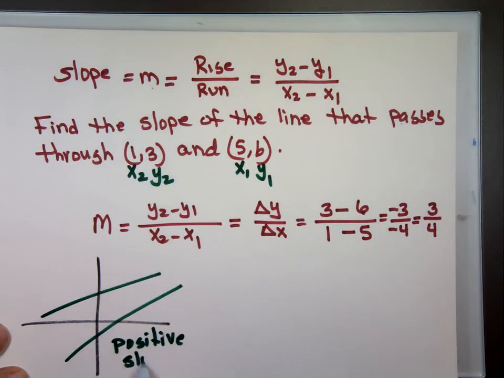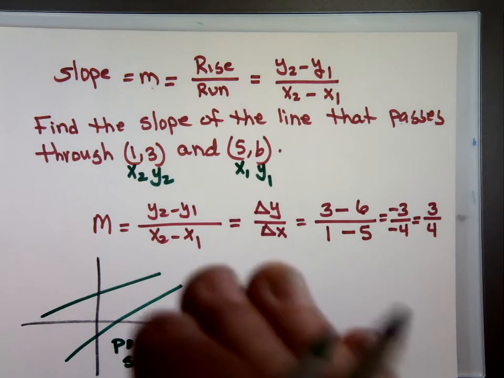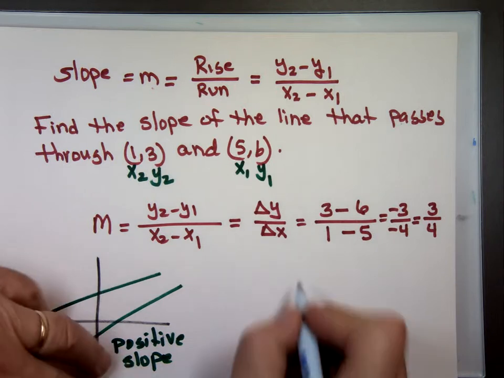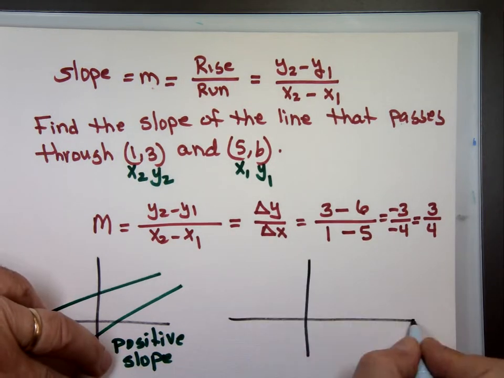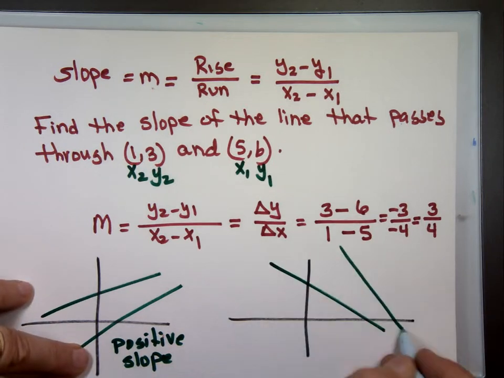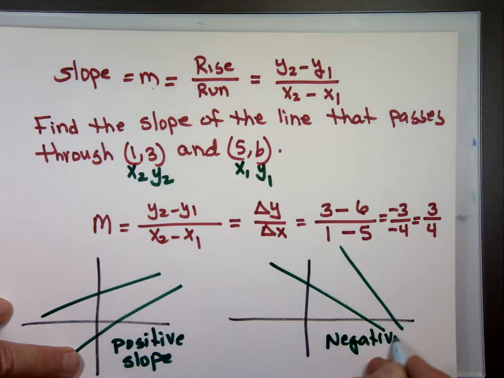Why do we call them positive slope? As x increases, as you go to the right, what happens to the y value? Increases. Goes in the same direction, like a plane taking off. As you're going forward, the plane is rising. A negative slope is backward. These are negative slopes. As you go to the right, as x increases, what happens to the y value? Decreases. The plane is landing.